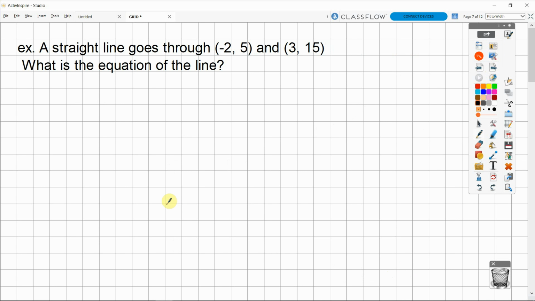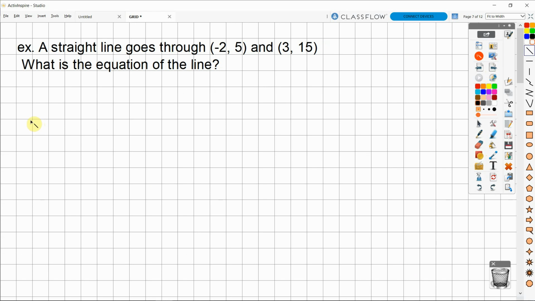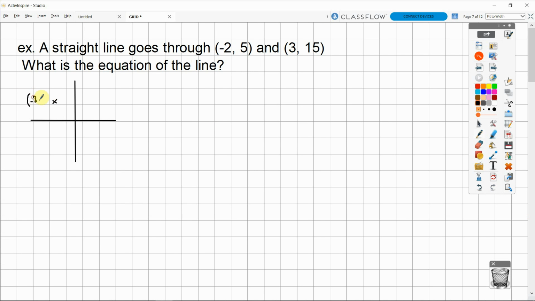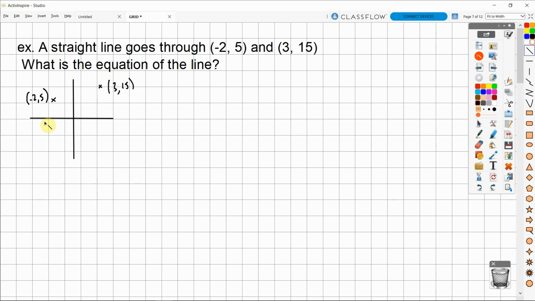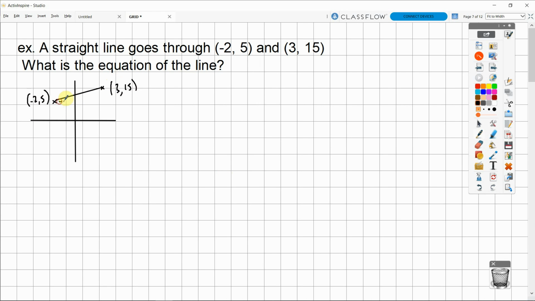Instead of being given a gradient and a point, you might just be given two points, and this takes a little bit more thought. It's helpful to draw a sketch. We draw a quick sketch of what we've got here. We've got -2, 5, perhaps somewhere about there, just roughly. And we've got 3, 15, perhaps somewhere out there. And we've got a line between them. Now that should make you think of the possibility of working out the gradient.